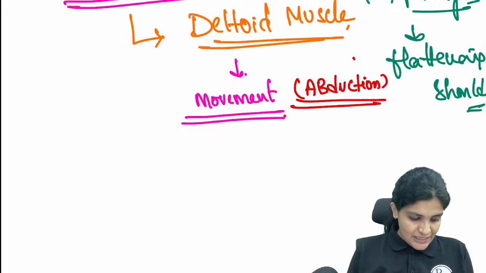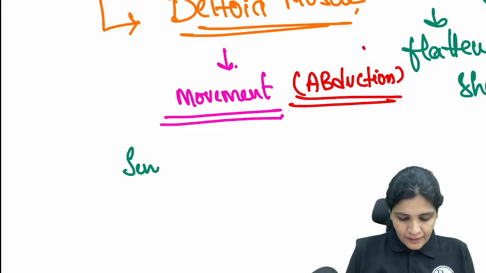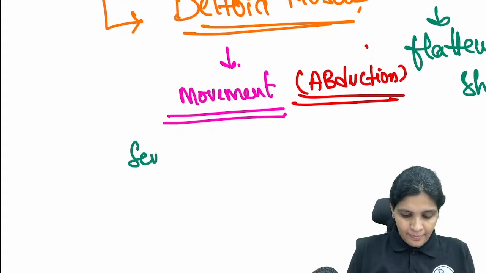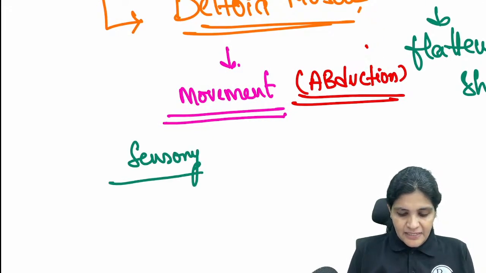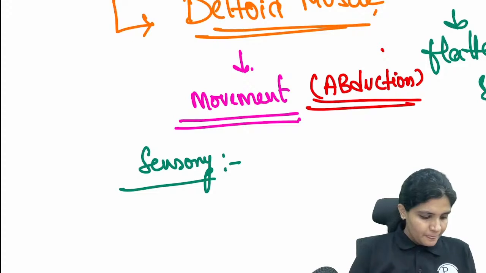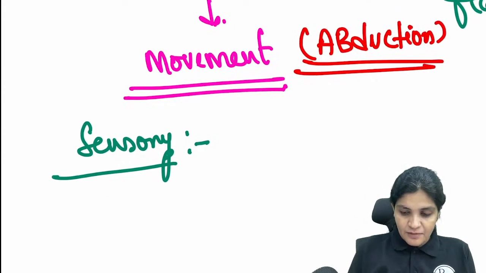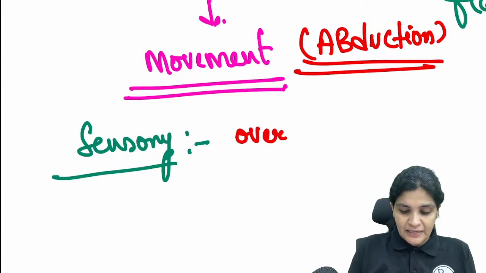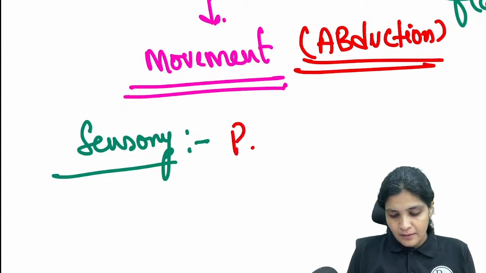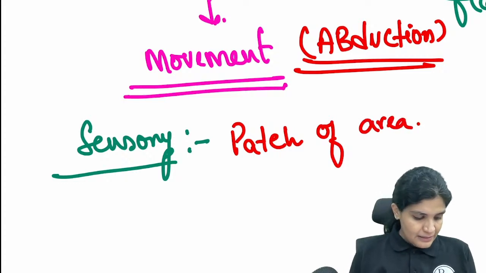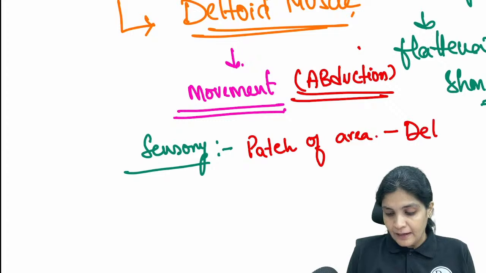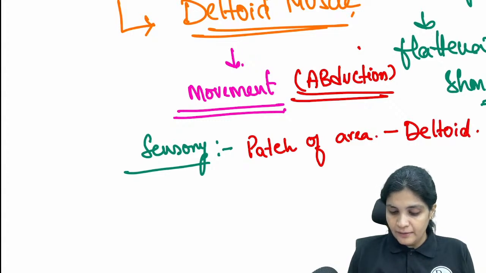And what are the sensations? The sensory area, I mean. The axillary nerve sensory distribution. Again, a patch of area, right? Yes, a patch of area around the deltoid.